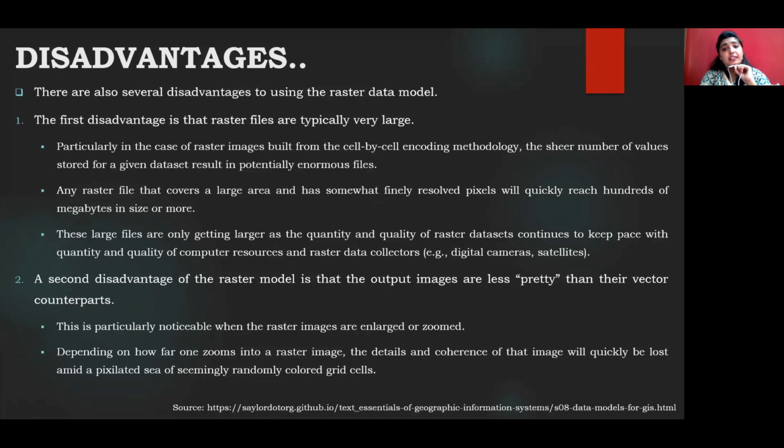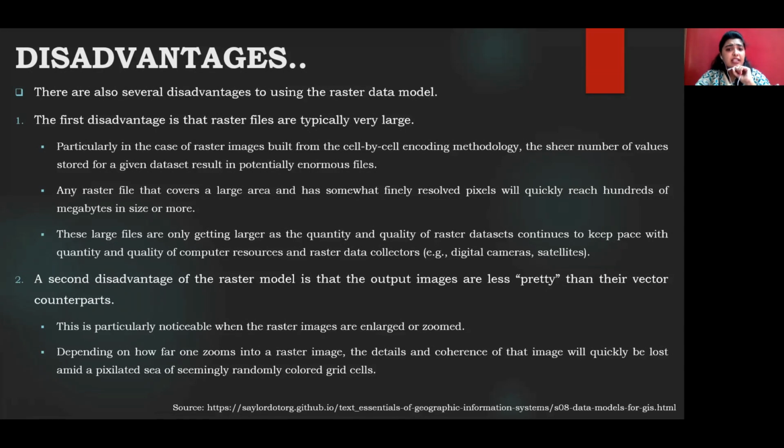But you also have disadvantages. The first and foremost disadvantage of the raster data format is that it is very, very large. Each and every raster image, a satellite image in that case, is almost 1 GB. So these are quite large files.